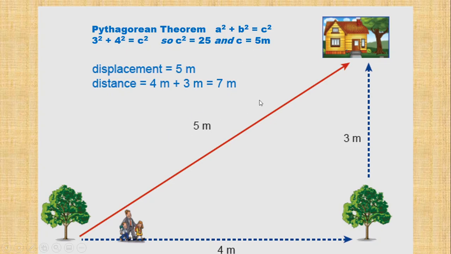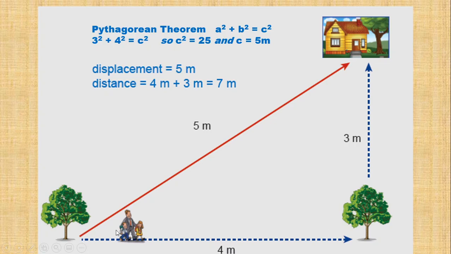And that's what you see here. You can also do it just measuring it with a ruler. I do want you to learn how to do the calculations, but you can measure it with a ruler as well. So the distance that he traveled is 4 meters plus 3 meters. So the distance is 7 meters. The displacement is how far they are from where they started.